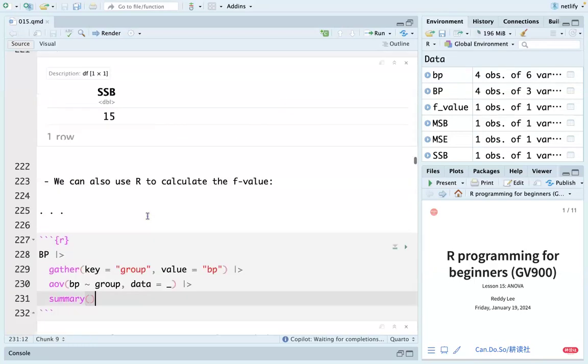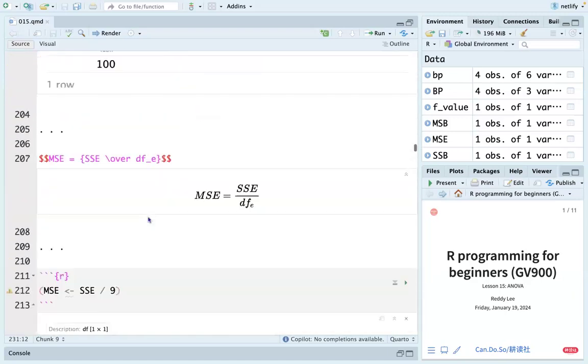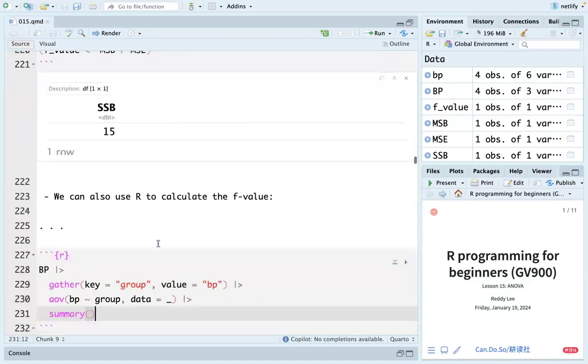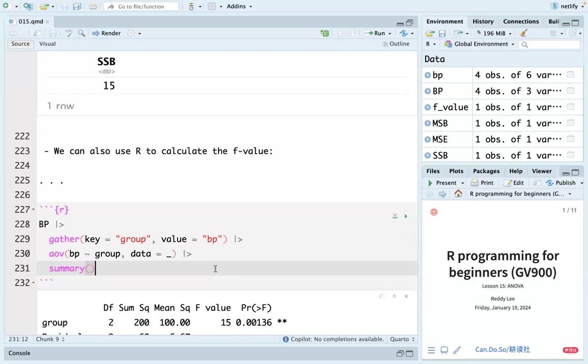And if you find this is confusing, don't worry. Because we are learning R, so we have R to help us.